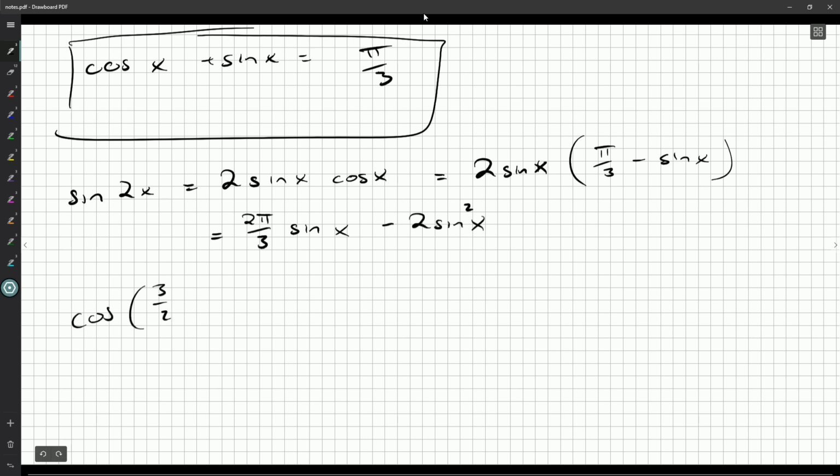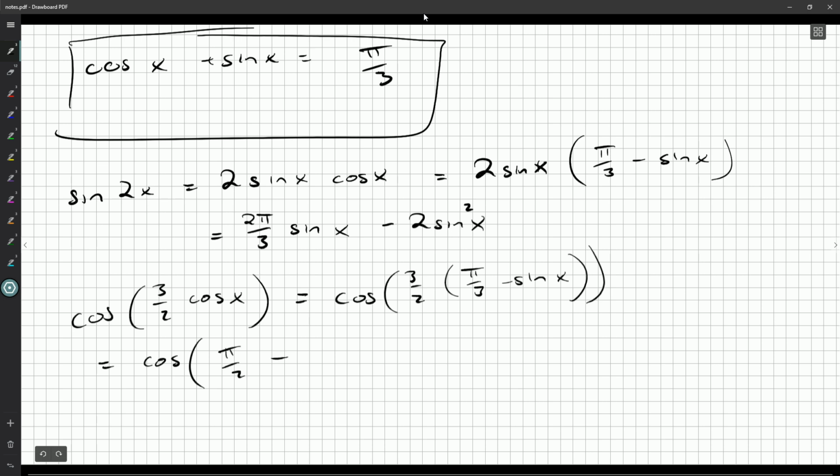I got cos of 3/2 of cos x. I'm going to change that to cos 3/2 times pi/3 minus sine x. And so that'll be cos of pi/2 minus 3/2 sine x, which is, of course, equal to sine of 3/2 sine x. That doesn't help.